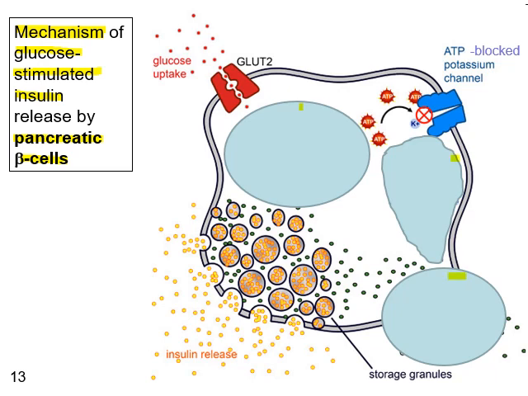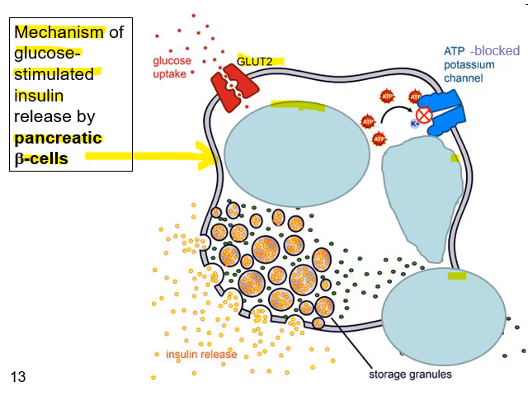So the first thing I want you to do is fill in this circle here. Well, let me give you a hint. So here, this is a cartoon of a pancreatic beta cell. So that's what this is supposed to be. This pancreatic beta cell has transporters expressed in the surface membrane.